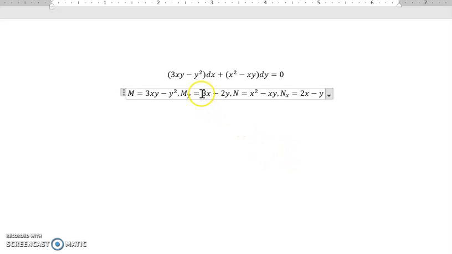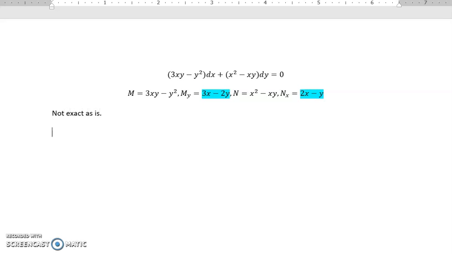Now, in a perfect world, if this was in fact exact, then this term and this term would be identical. And then we could just proceed by solving it as an exact equation. They are not identical, but we have a technique to make them identical. So this is not exact as is.